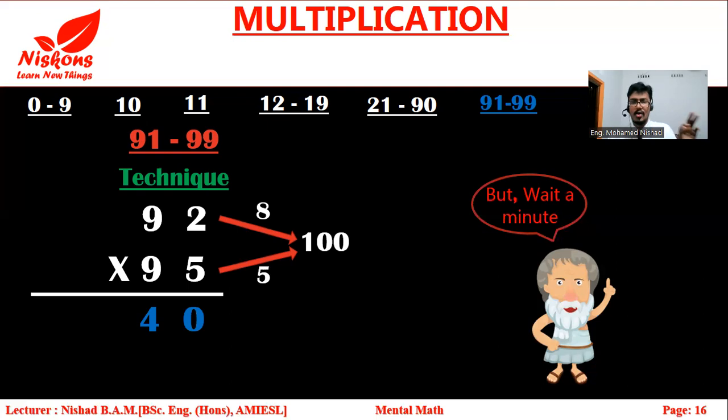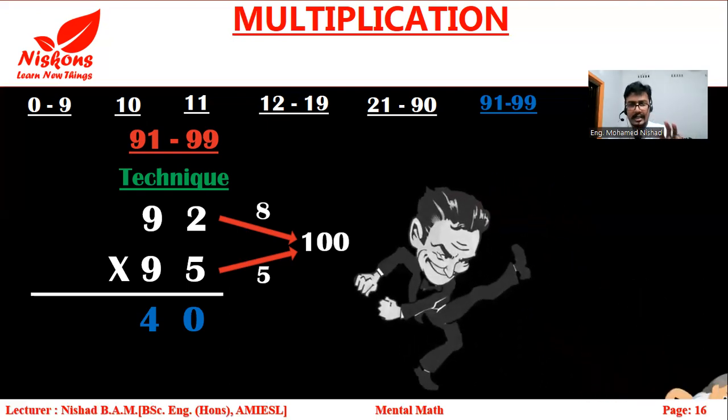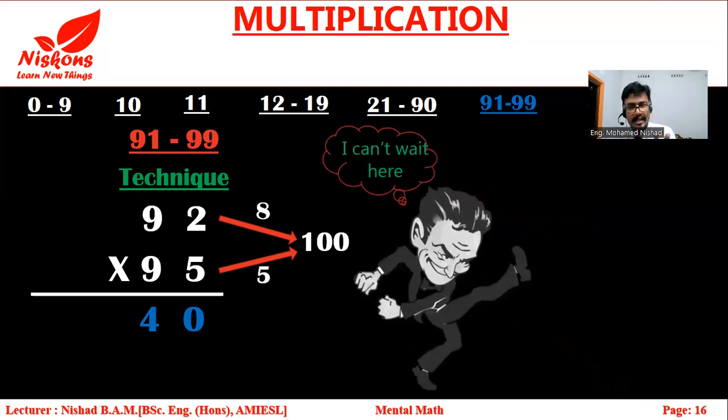No. Only for this particular technique, whatever answer comes, we have to write it as a 2-digit number. If you obtain 6 for this answer, you have to write it as 06. If you obtain 40, you have to write it as it is, 40.